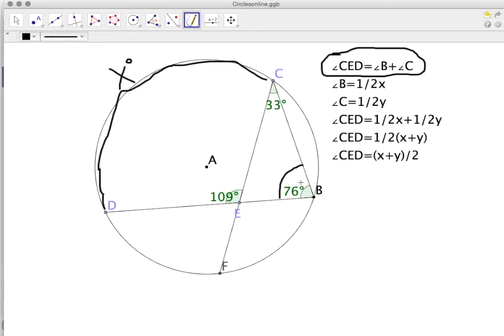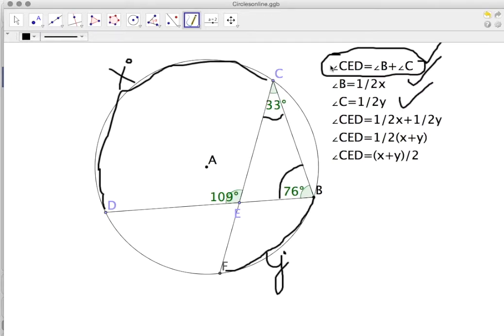We know that angle B is worth half as much as X. And a similar thing we know about angle C. We know that angle C is half as big as the arc that's over here from F to B. So these are guaranteed facts that we know are true. Just check them off if you agree with me.